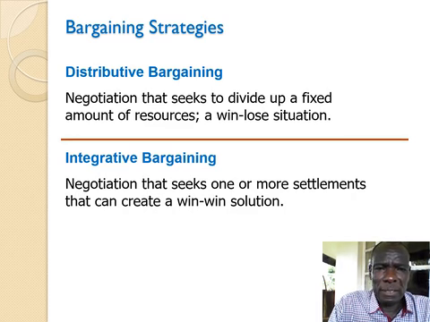These are negotiations that seek one or more settlements that can create a win-win situation. It's possible actually to get a win-win situation. And most often, if you are negotiating a conflict, we try to reach a win-win situation.